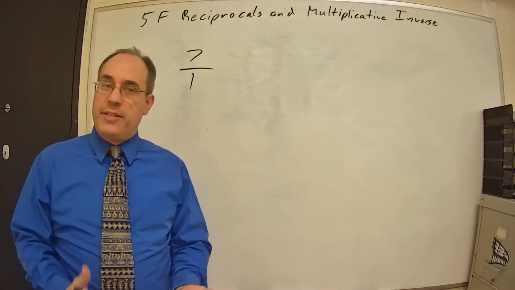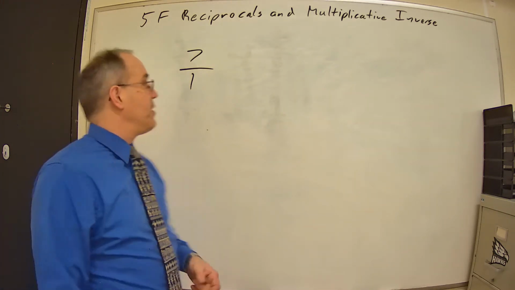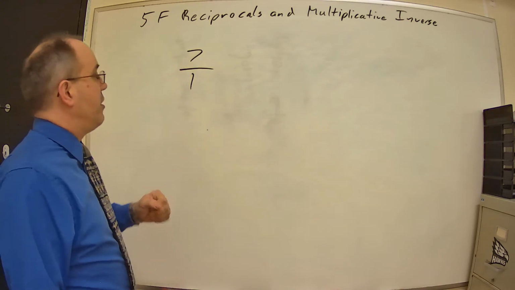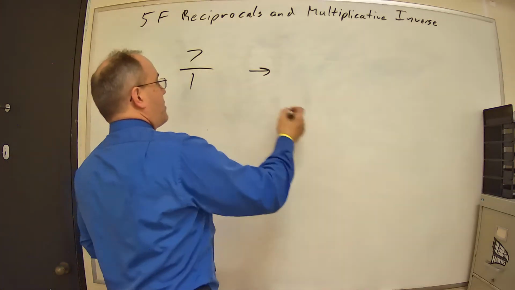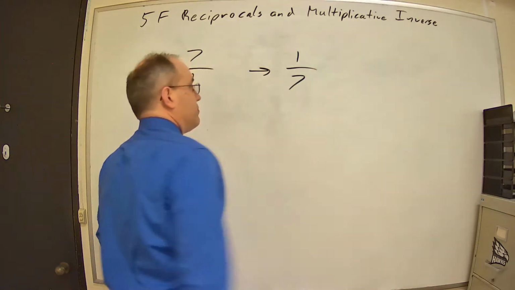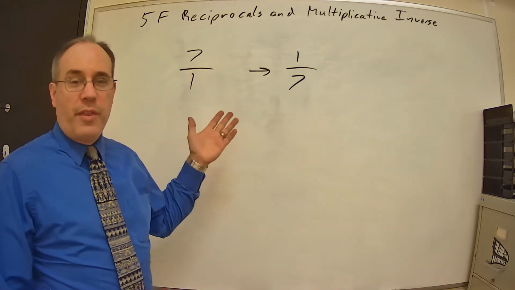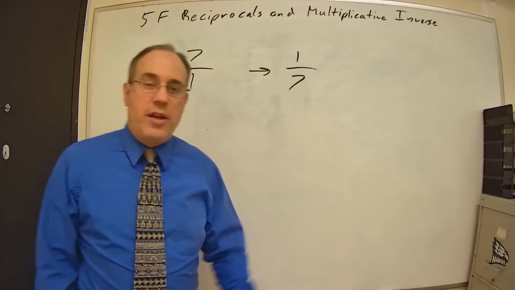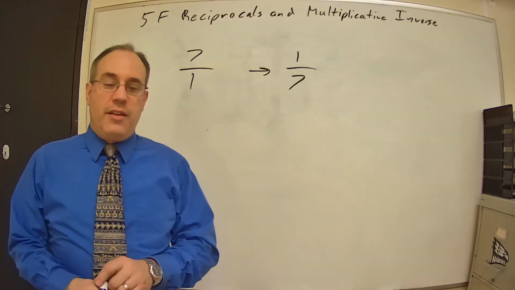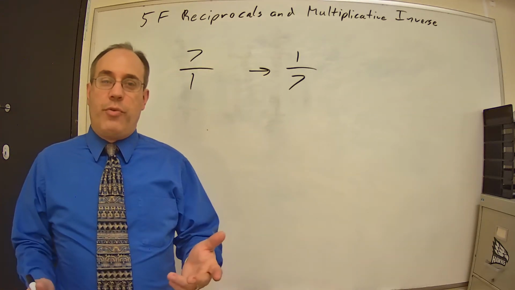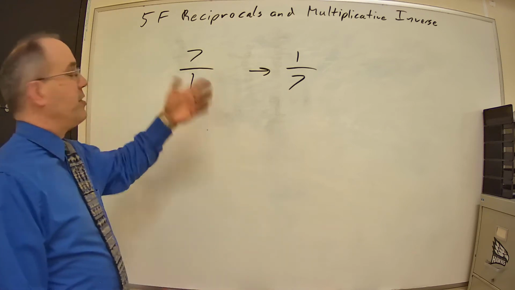Any number divided by itself gives you that number back, right? So 7/1. Oh, well, now that I have that, that's easy. That's 1 over 7. So if you have a whole number or an integer, just put it over 1, and then you can take the reciprocal of it.